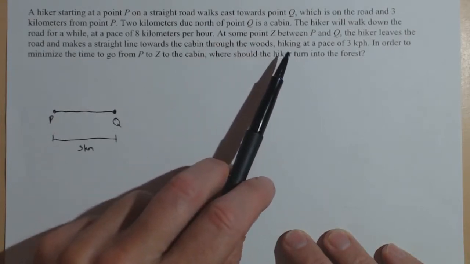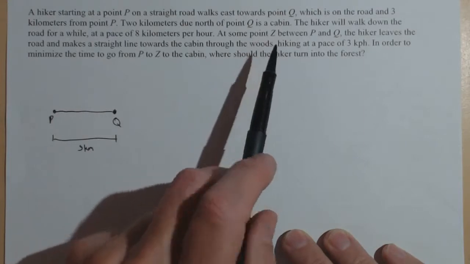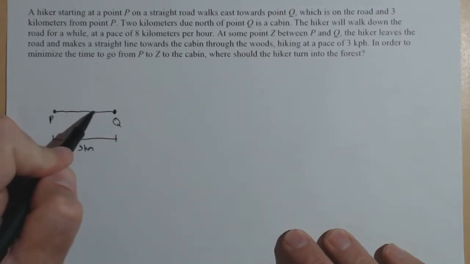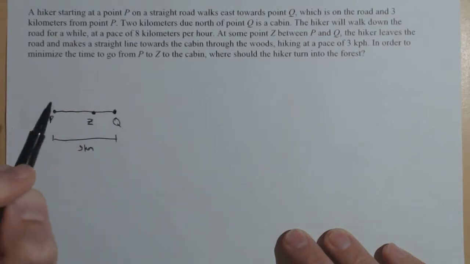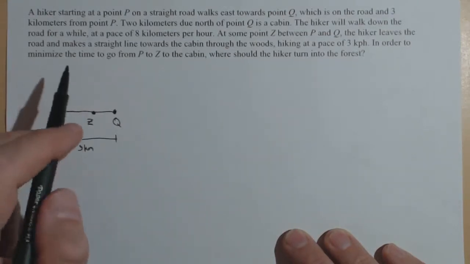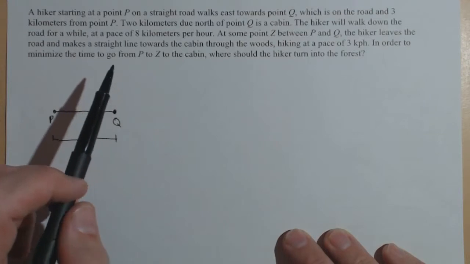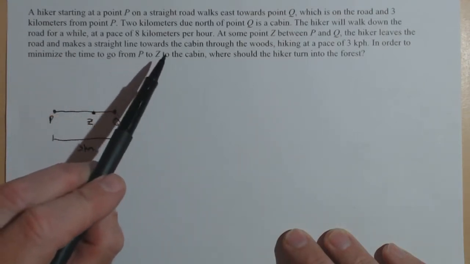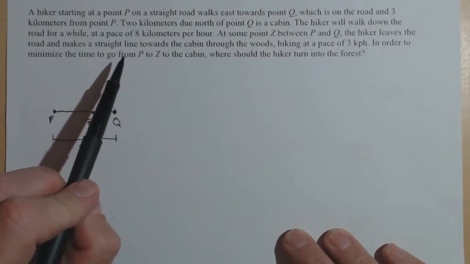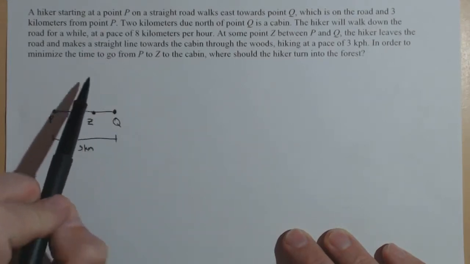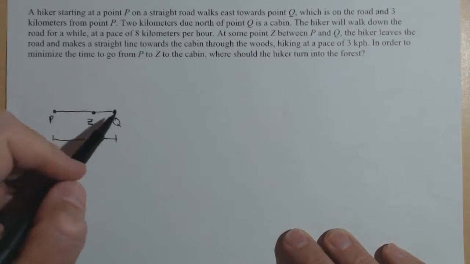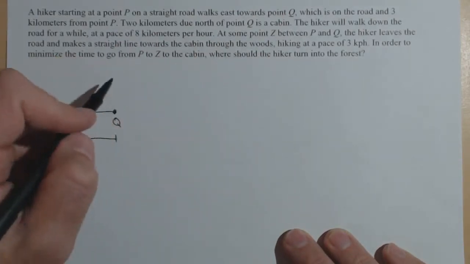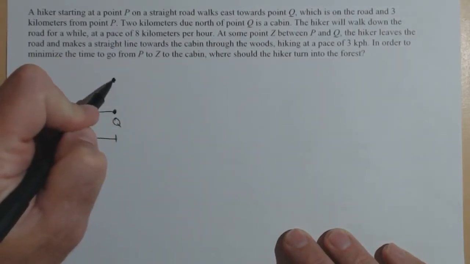At some point Z between P and Q, the hiker is going to leave the road, so let's just put an arbitrary Z in here, and head towards a cabin in the woods that is directly north of point Q. 2 kilometers north of point Q is a cabin.